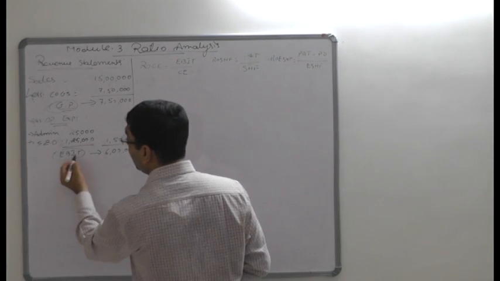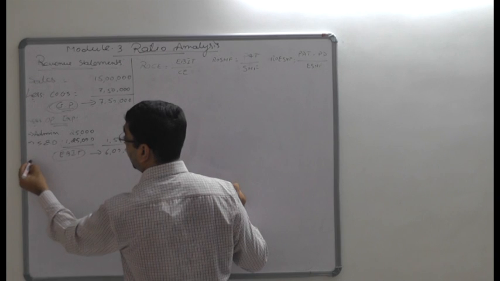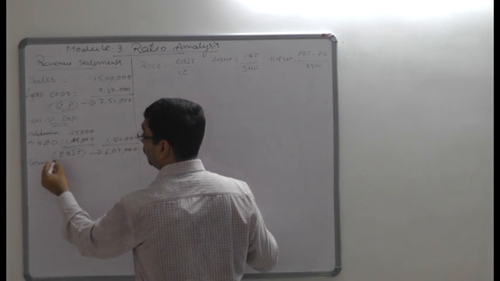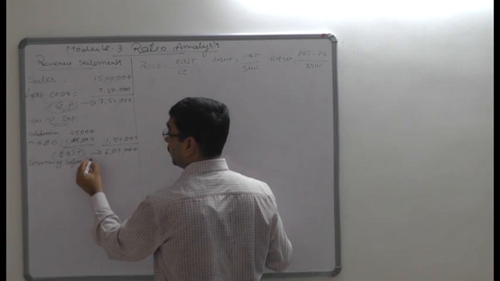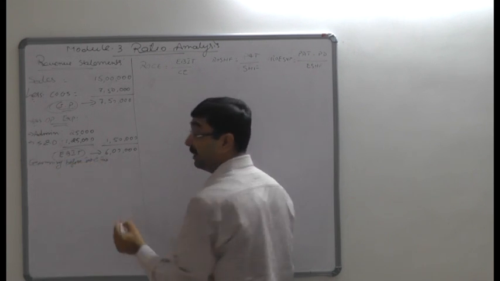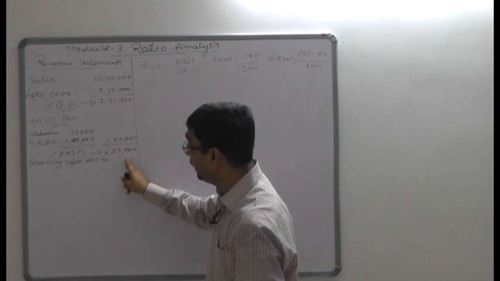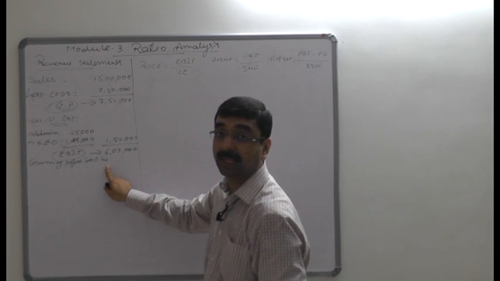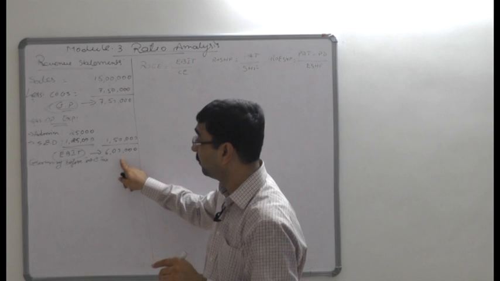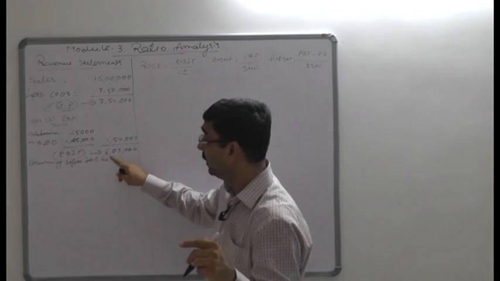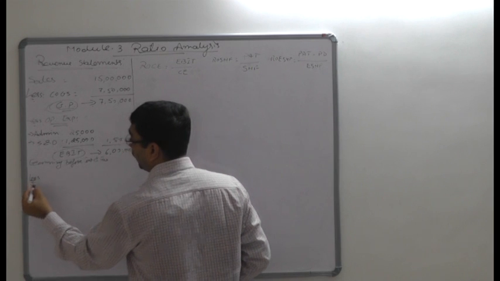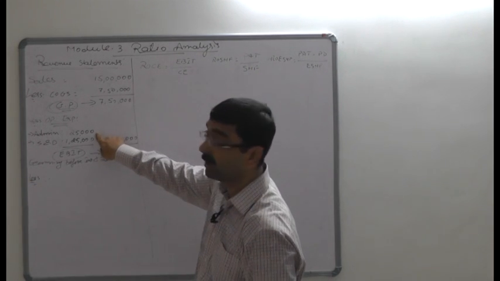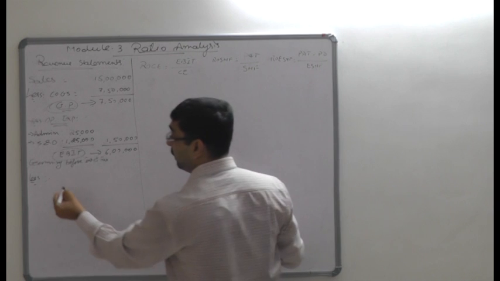Now EBIT means earnings before interest and tax. It means the company has a profit before interest and tax, and two things are to be deducted from this profit: one is interest and the other is tax. The interest value was already given in the question along with the admin expenses, that is, interest on debentures.